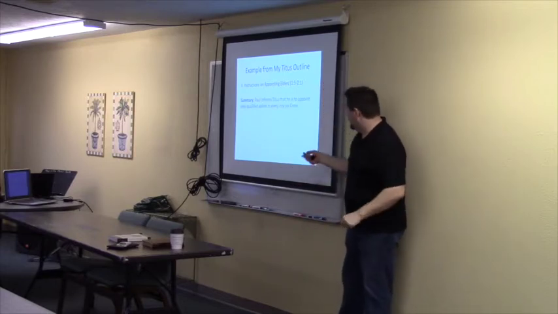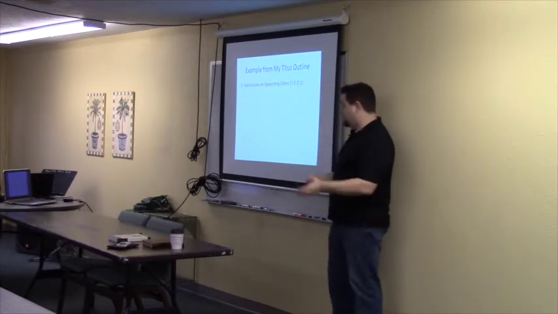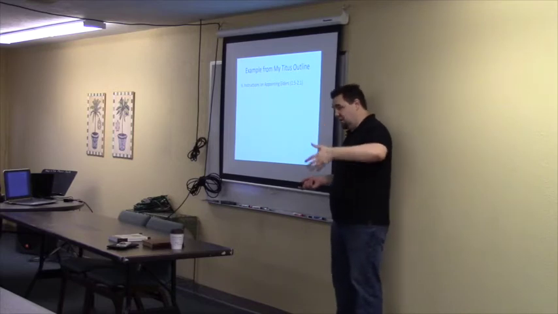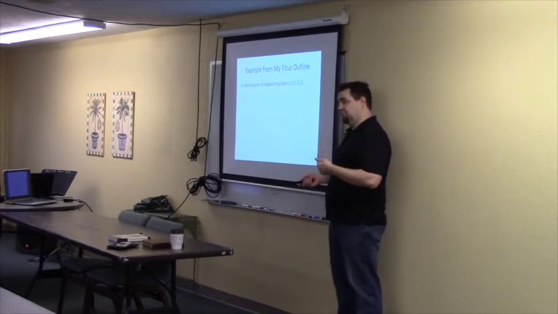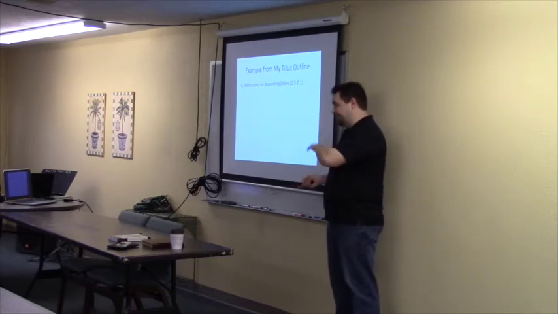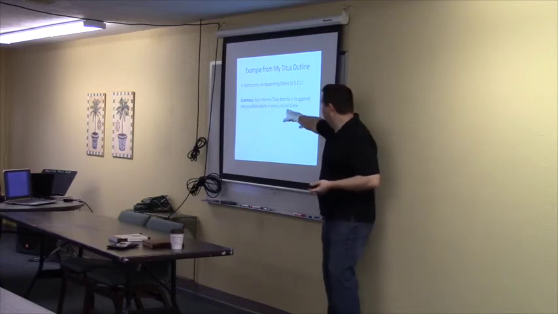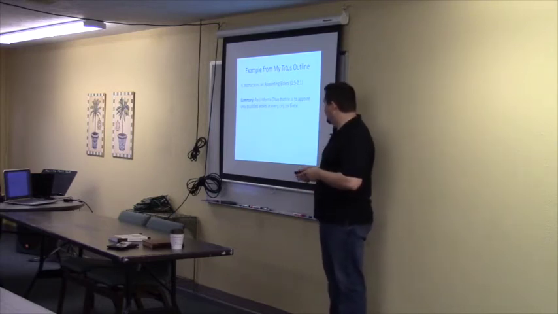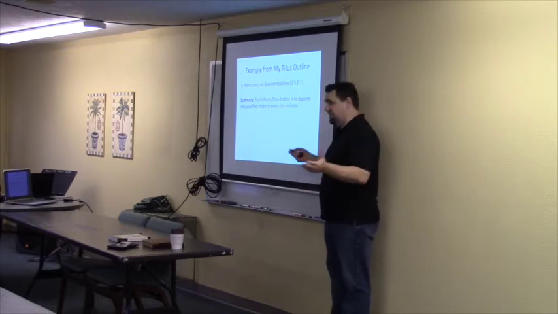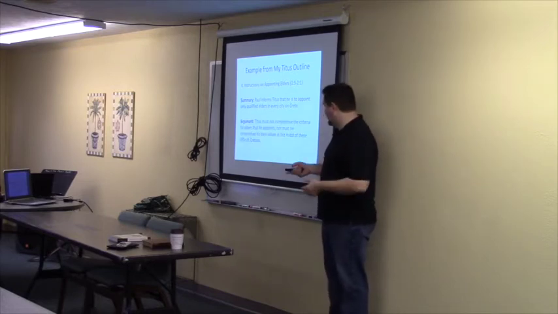Because check this out. You saw the summary and argument statements for those subsections. This is going to be for the whole section. Paul informs Titus that he is to appoint only qualified elders in every city on Crete. That holds true for the whole section.